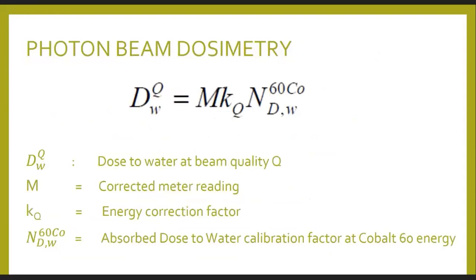Back to the general formalism. The absorbed dose to water equals the corrected meter reading M multiplied by the beam quality correction factor KQ, multiplied by the absorbed dose to water calibration factor at a cobalt 60 beam or any beam quality used in the calibration lab.